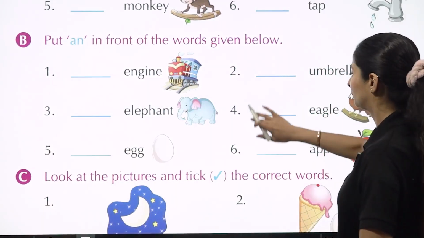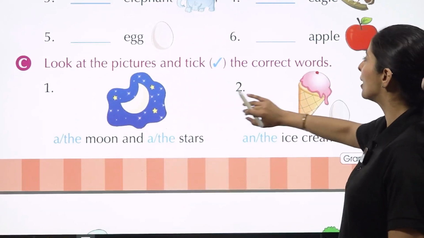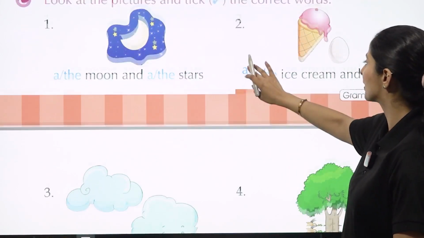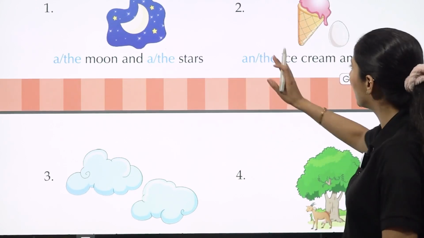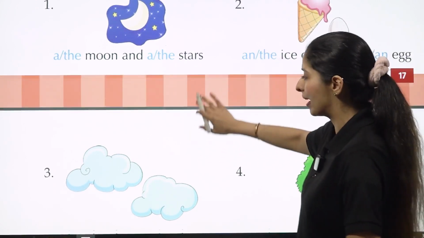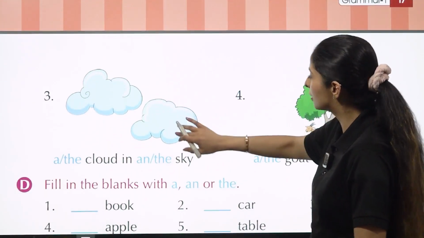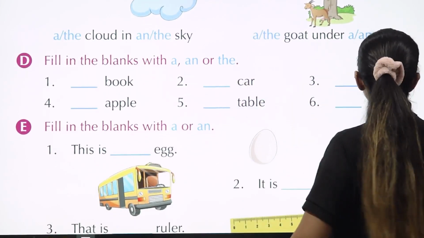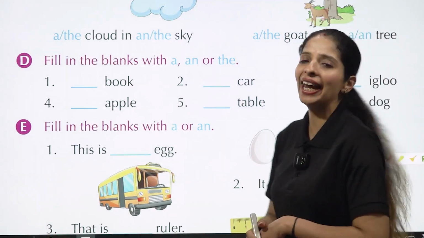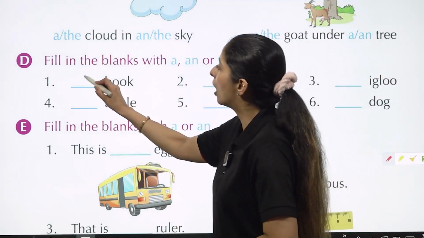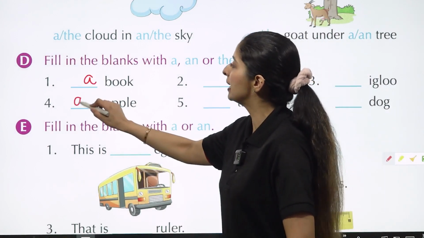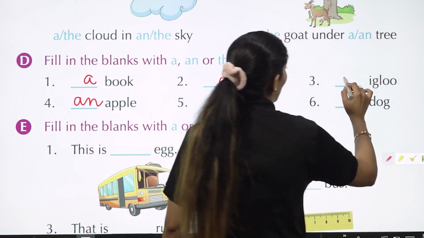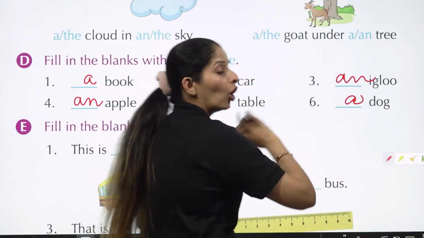Now next, here also look at the pictures and you have to tick the correct words. The moon, the stars. I is a vowel, an ice cream and an egg. Next, clouds, and this you have to tick in the sky. Here also, fill in the blanks with a, an or the. So a book, an apple, a car, a table, an igloo, a dog.